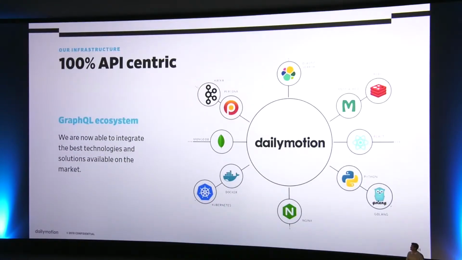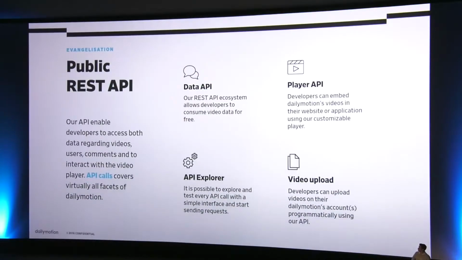Dailymotion is 100% API centric. All of our applications are using GraphQL. Our website is built in React. We use Nginx, Golang, Docker. Whatever is the best, we try to use it. And for the public, we have a REST API, which is going to allow you to have access to our videos, thumbnails, titles. You can also explore our API. You can play with our player API. We have an SDK for all the platforms on the player SDK.